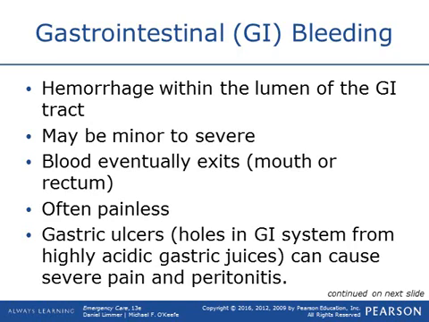The blood generally comes out of the mouth or the rectum, so they're either pooping out blood or they're going to be puking up blood. Sometimes it's painless, sometimes it's worse. Gastric ulcers, which are basically just holes in the GI system from taking a whole bunch of acidic stuff in the gastric tract, can cause that severe pain and peritonitis.